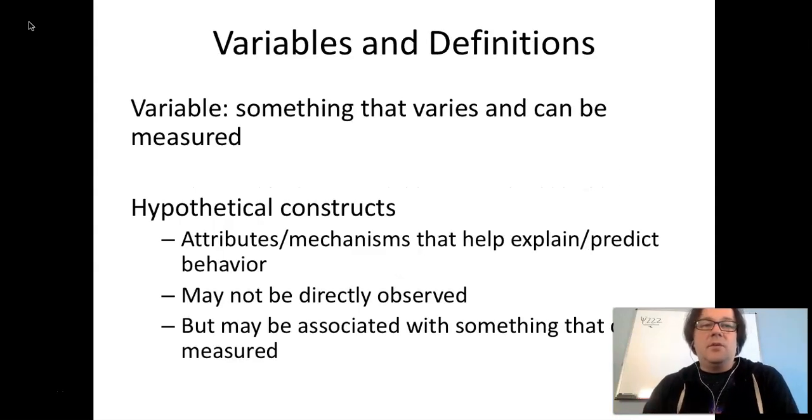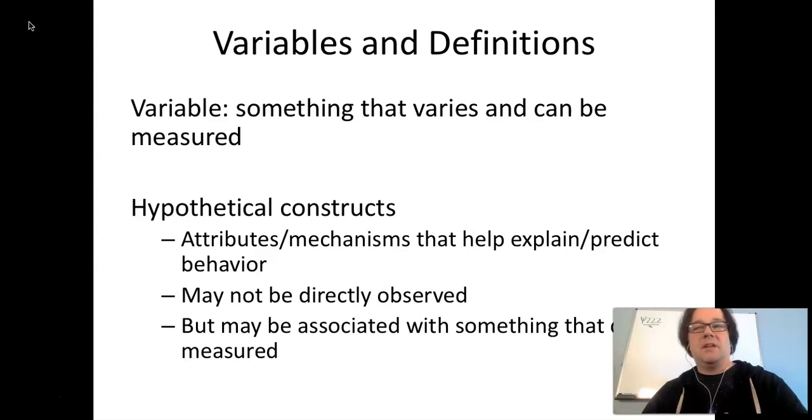Okay, so starting off, when we talk about variables, if you remember from 221, hopefully, a variable is just anything that can vary, that can change. And if we're talking about a scale that we're measuring something on, it's a variable because it can take on a different value of that scale.